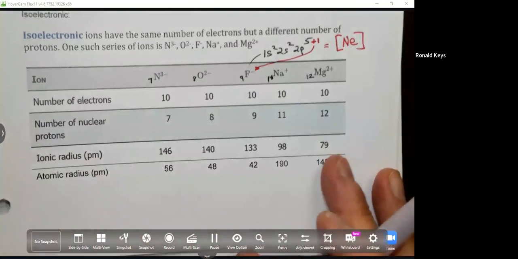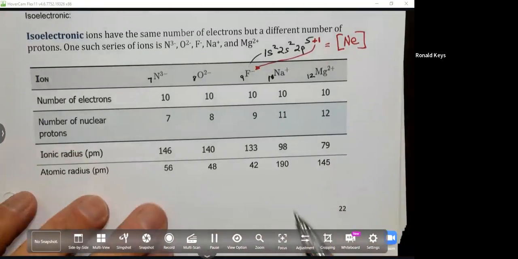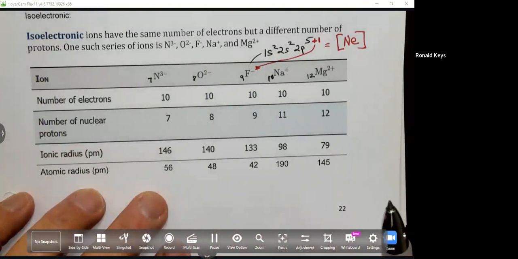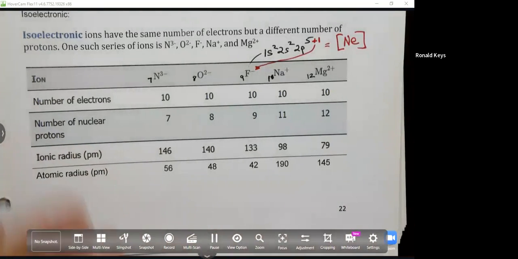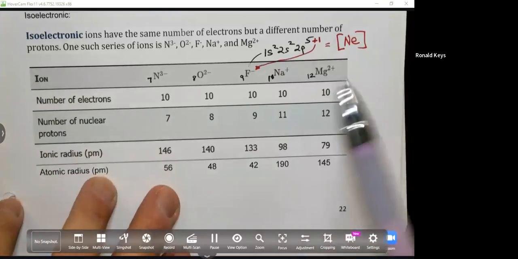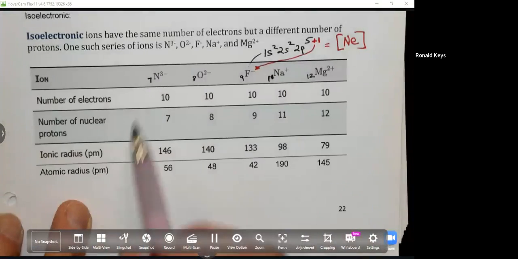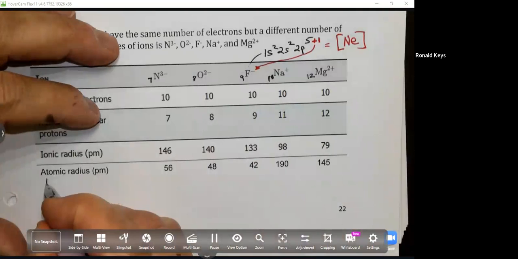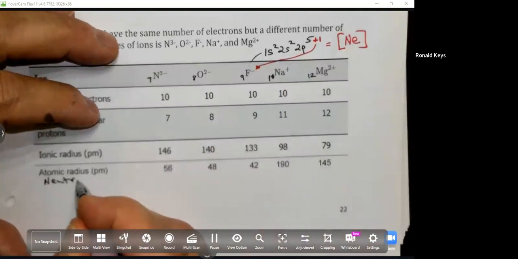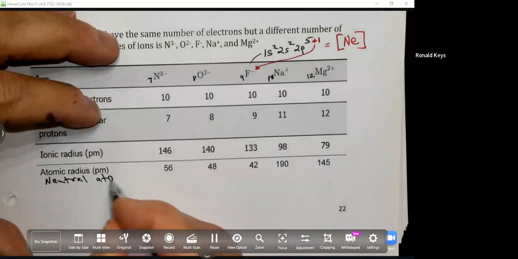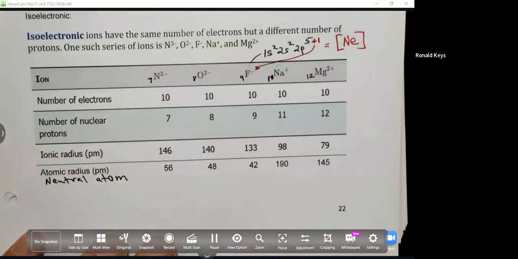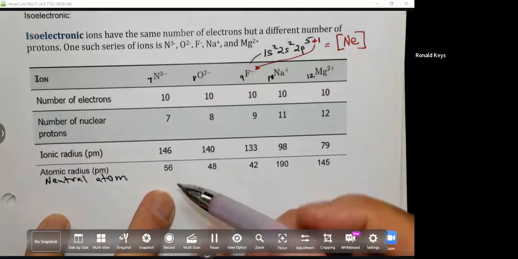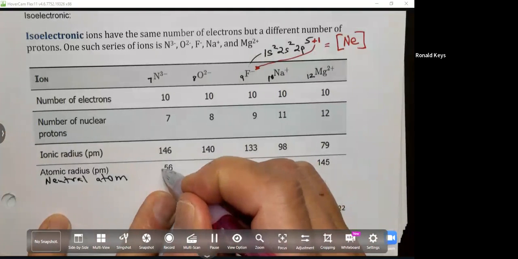So what happens to the radius of these atoms? Excuse me, ions. These are all ions with a charge. I took this table out of the textbook, but then I added this. So this is the atomic radius of the neutral atom. So what happens when you make a negative ion?